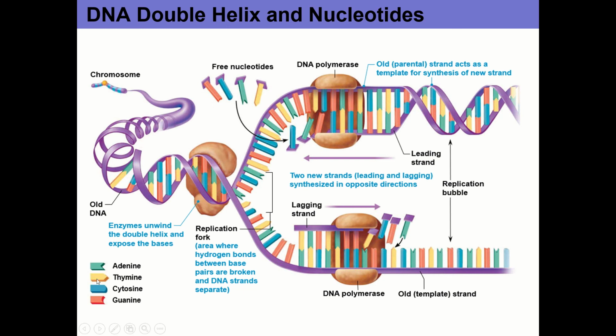So for example, you can see here down at the bottom, adenine are these little green pointy ones, thymine are the yellow pointy ones, and so we've got an adenine here on the DNA. Let's make life easier. So here's your DNA double helix here. Here are your nucleotides. And then the complementary ones are on the other strand of DNA.